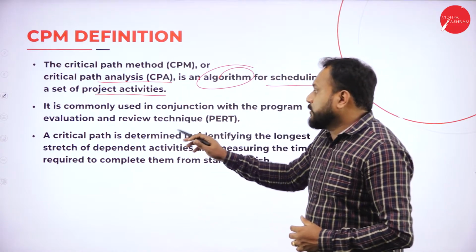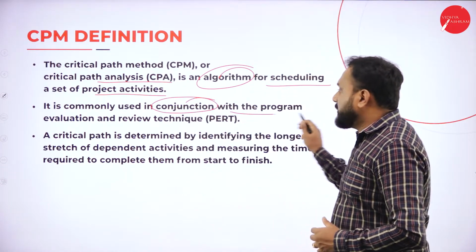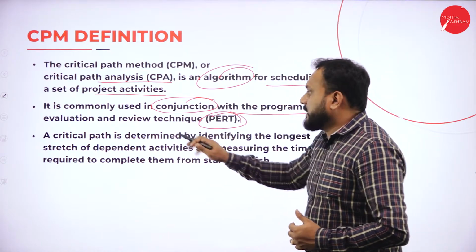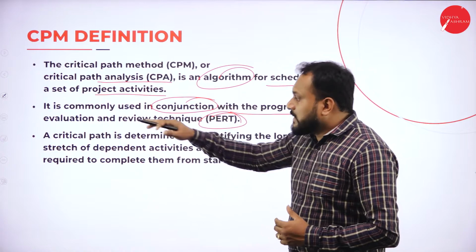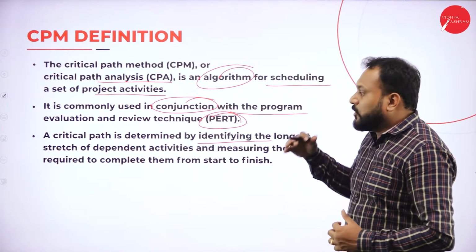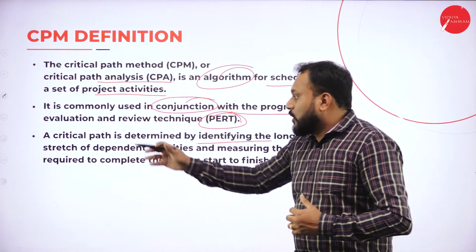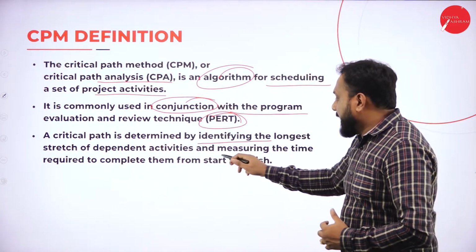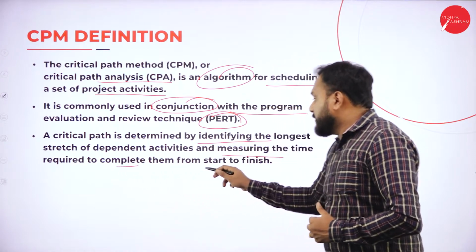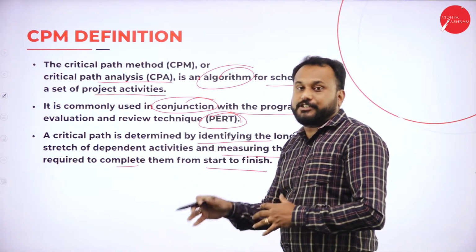Now it is commonly used in conjunction with the program evaluation, that is PERT. So it is always used conjunction-wise. A critical path is determined by identifying the longest stretch of dependent activities and measuring the time required to complete them from start to finish.